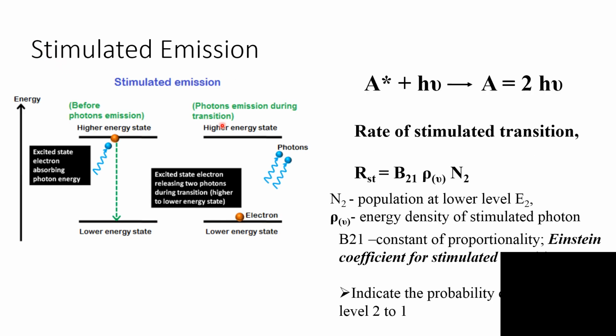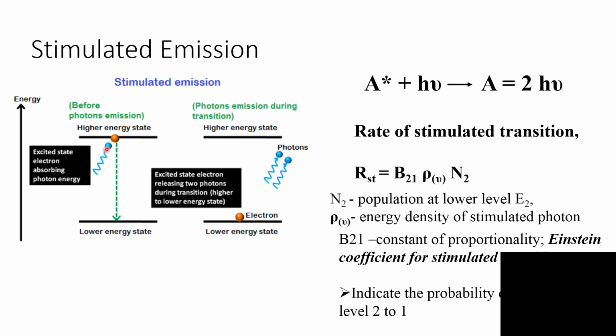For stimulated emission, we again have a two energy level system. In this system, our electron is already excited to the upper energy state. In this emission process, a photon comes up.